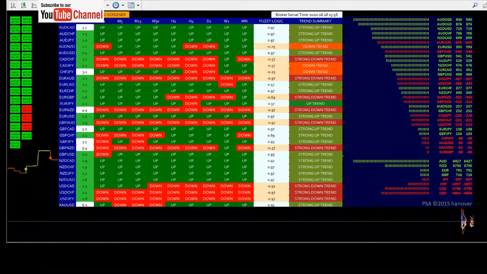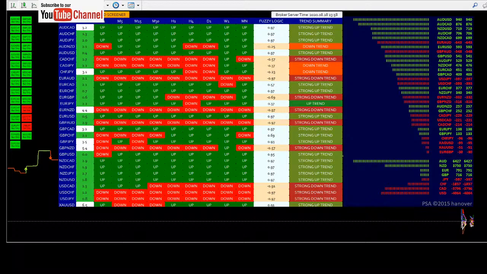USD CAD can be a good trade if we break above. But here's the thing about USD CAD: you have to be careful. USD CAD on the 4 hours is in between two zones. If we want to take a trade on USD CAD, we need to break above these two zones, a break above, a retest and continuation.